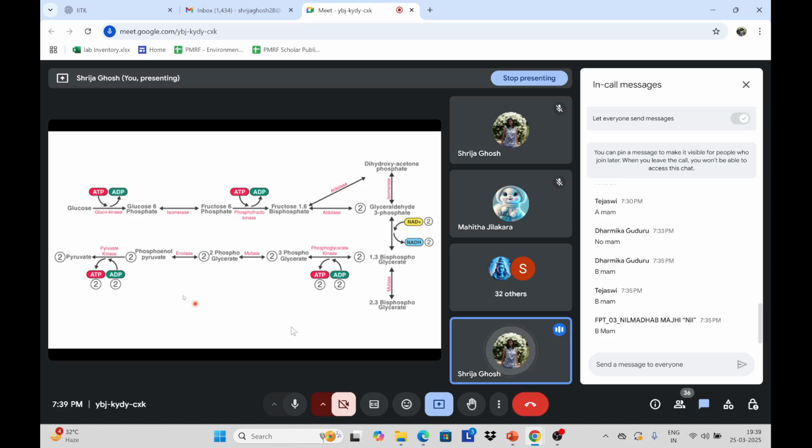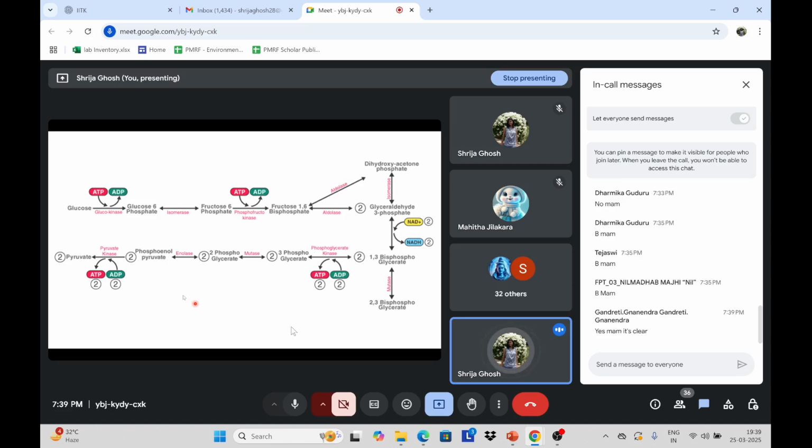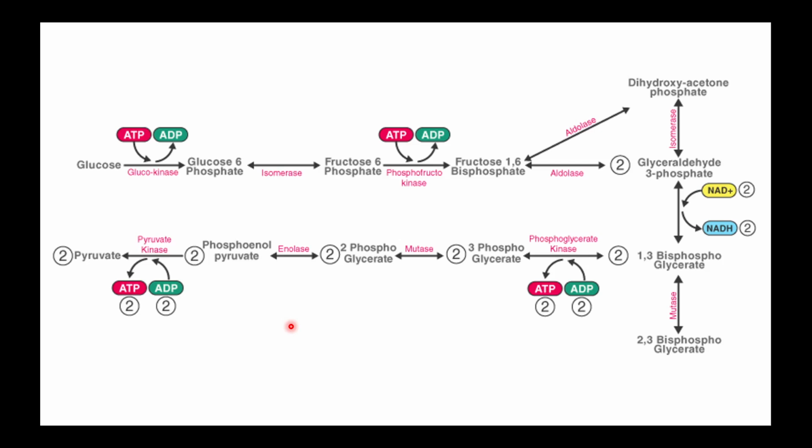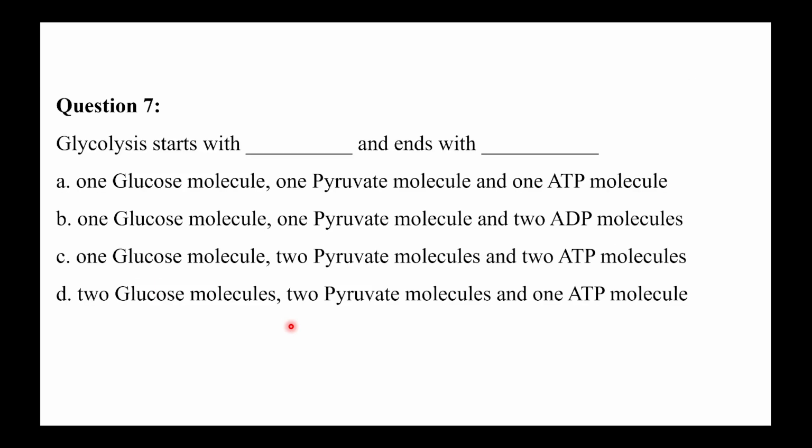If you understand the pathway, you don't even have to memorize it. It will automatically be clear to you. If this is clear, then I'll move on to the next question.